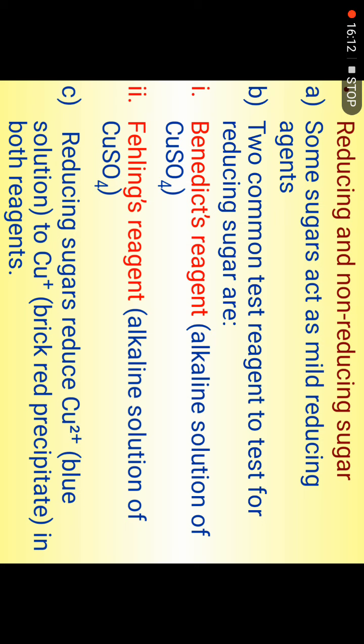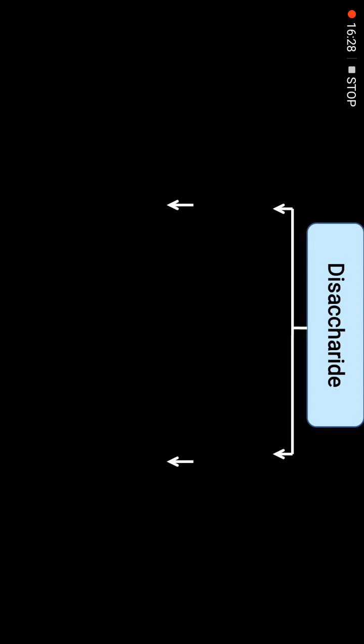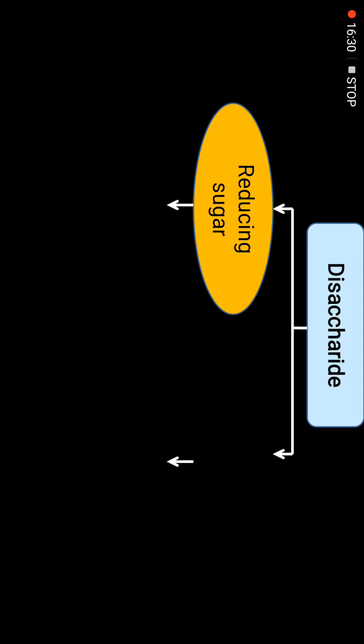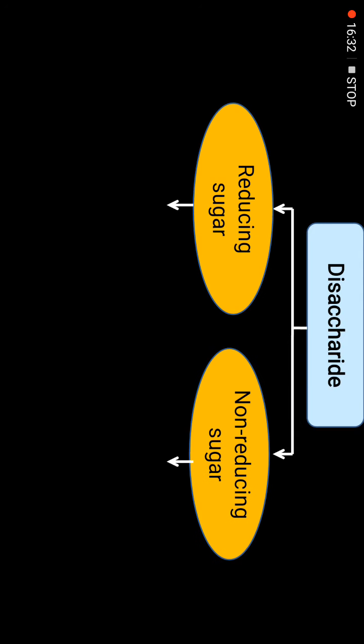And when you change the ionic charge of that copper, the color also changes from blue to brick red precipitate. That is what you have done so long. But now we are looking at the chemical explanation of how it happens.